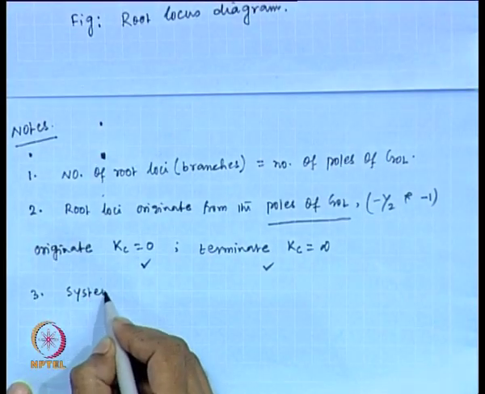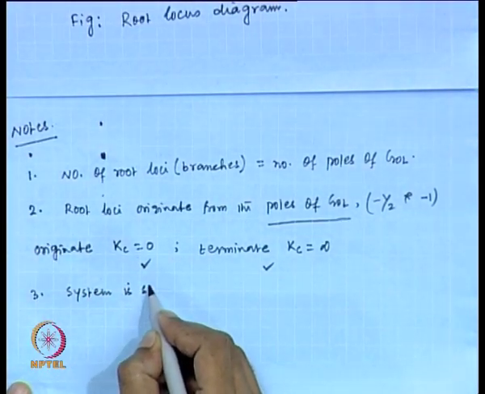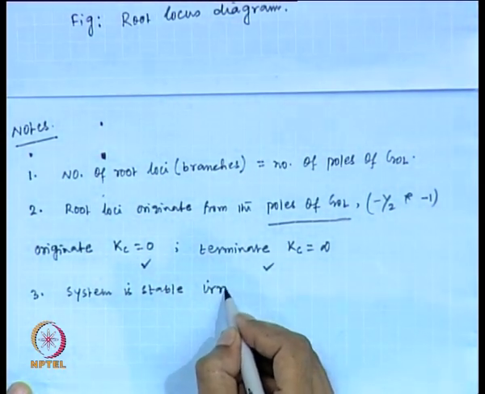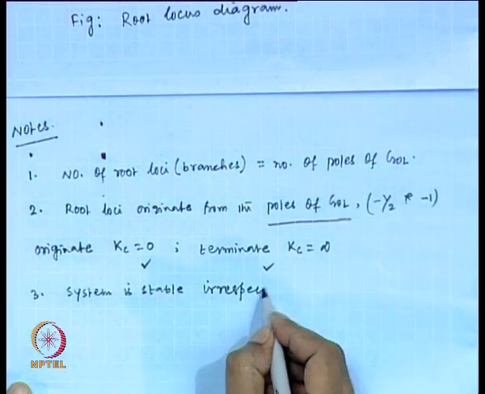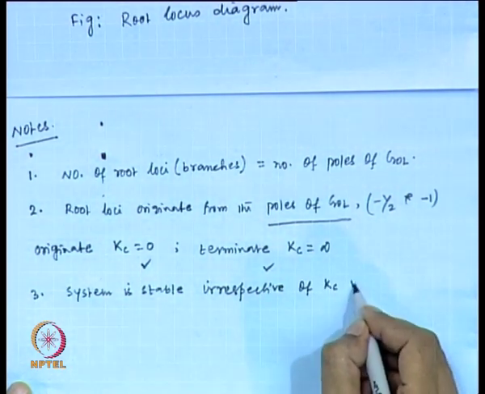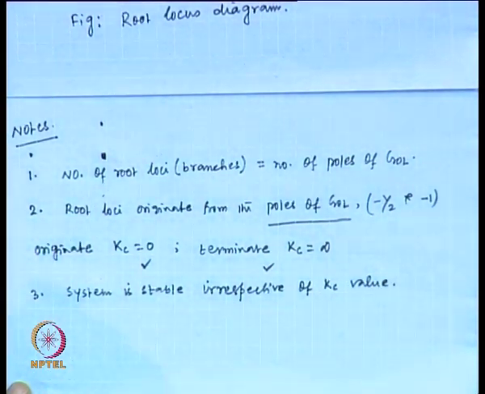You can take any large value of Kc, there will not be any instability problem. So, the third point is the closed loop system is stable irrespective of Kc value. There is no instability problem.